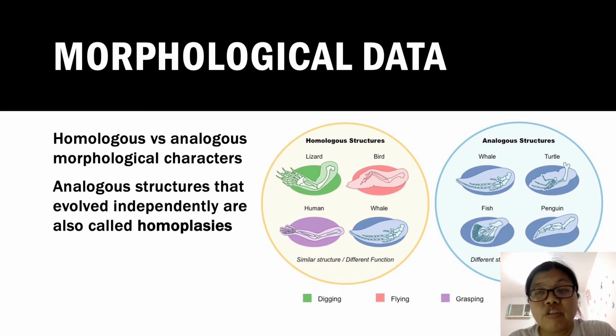For analogous structures, because they are in the same environment, most of the analogous structures are of the same function. Other term for analogous structures is homoplasy. Don't confuse homoplasy with homologous. They are opposite. Homologous and homoplasy are opposite terms. Okay, the synonym of homoplasies is analogous structures.